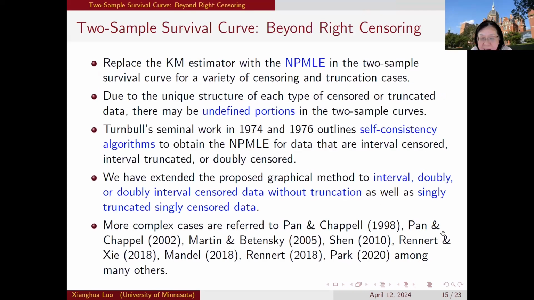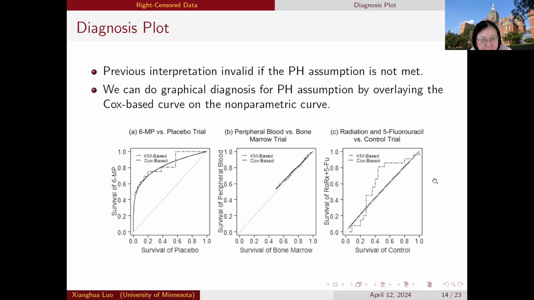Xianghua, I have a question about those curves. When you do hypothesis testing, it would be very interesting to see the violation of the Cox model, like crossover of a hazard function. If you have crossover of two hazard functions, then it implies the Cox model wouldn't be valid.